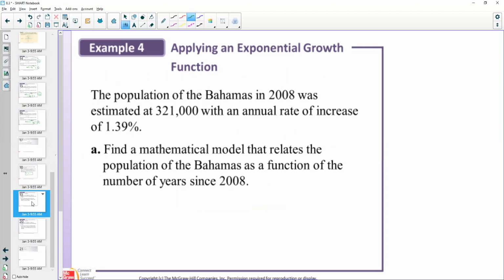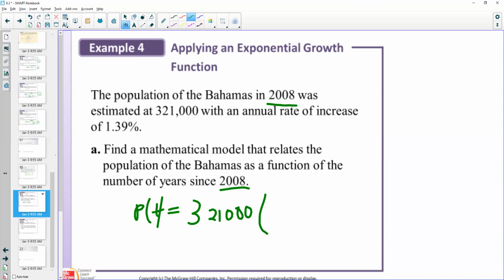So what we start with is this idea that we just need a number sentence, basically. So we want P of t equals the number, the population at time 0, right? So the first population I have when time started, that's when our time is going to start because we want it since 2008, is 321,000. Okay.